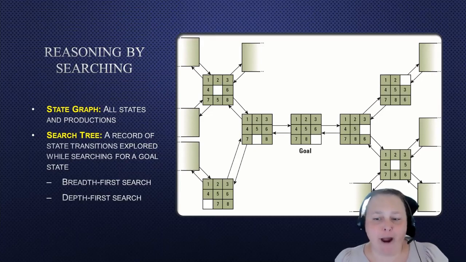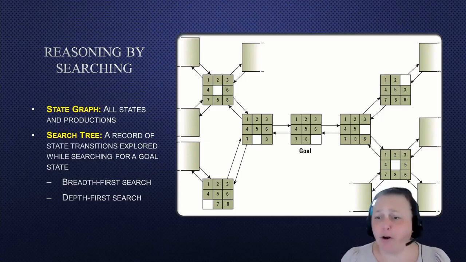Here the term graph refers to a structure rather than a directed graph, which is what you see in math, okay? So we're talking about a collection of nodes connected by arrows of what you can do, what could possibly be your next step, and that's what we're showing here in this picture.